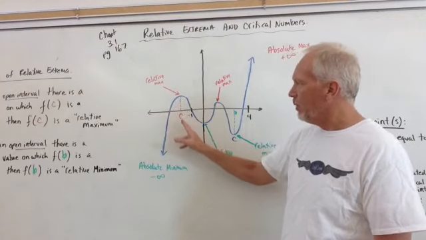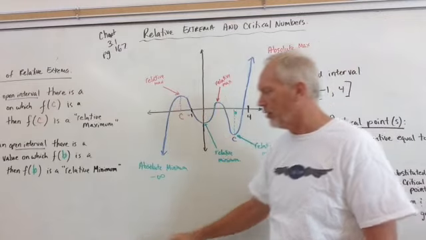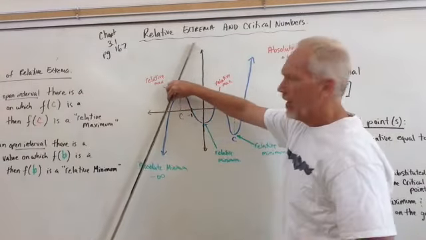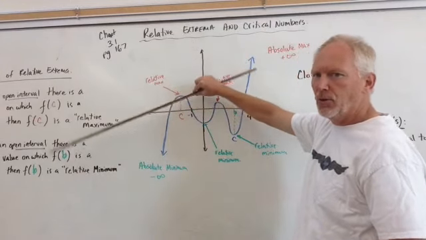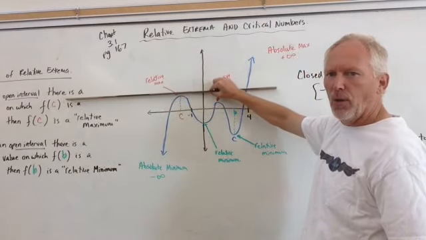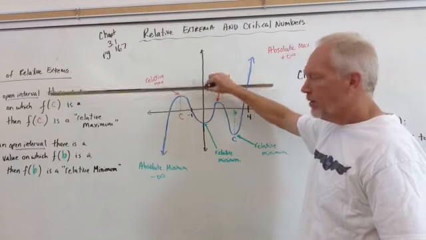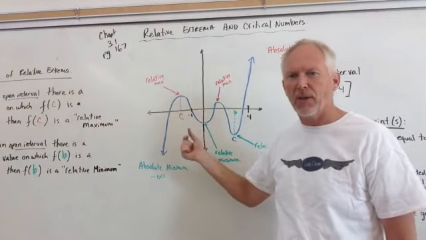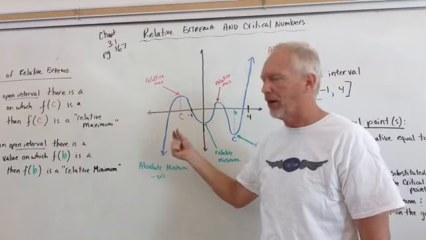It's increasing. But when we get to c, now the derivative, right? The derivative has gone from a positive to a 0 or horizontal line.